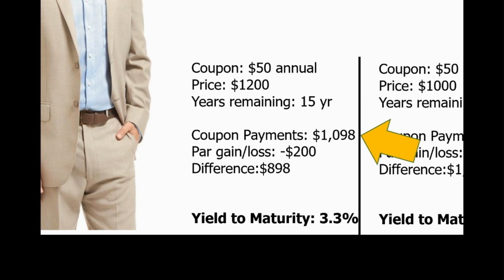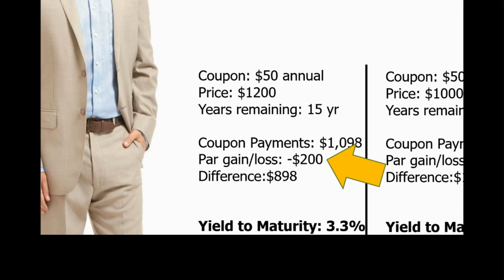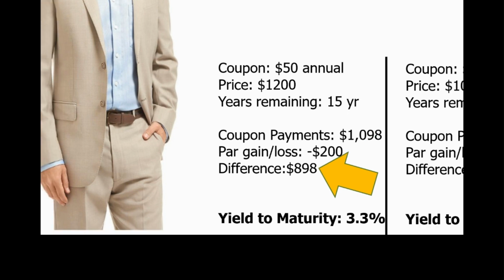The par gain and loss, he is going to lose $200 on the fact that he paid a premium for the bond, and whenever it matures, he is only going to get 1,000. So he's going to lose $200 there. So the $200 comes right off the top of his coupon payments for a difference of $898.